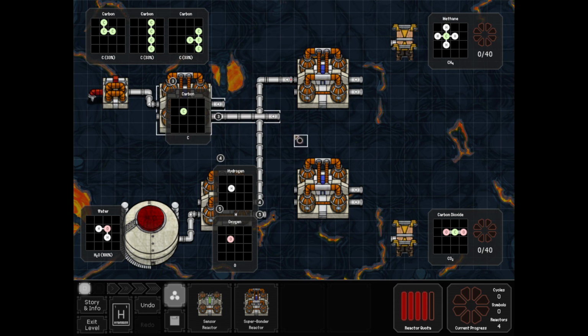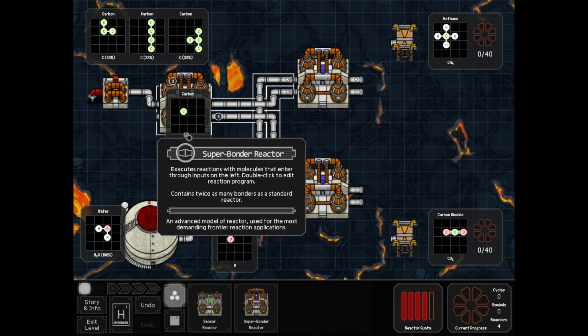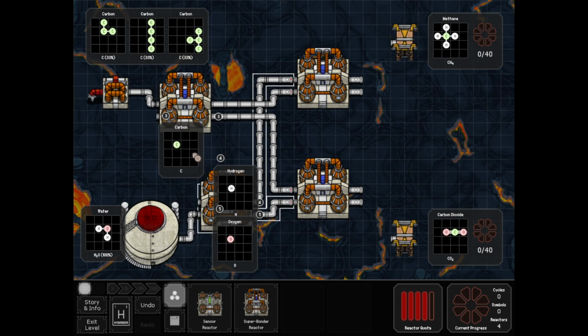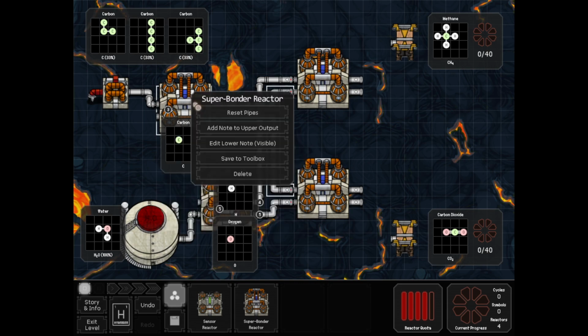Okay, I found the complication. This can only go to one place, so I would have to do something like this. Do I want to do it this way? Well, I think that's fine.